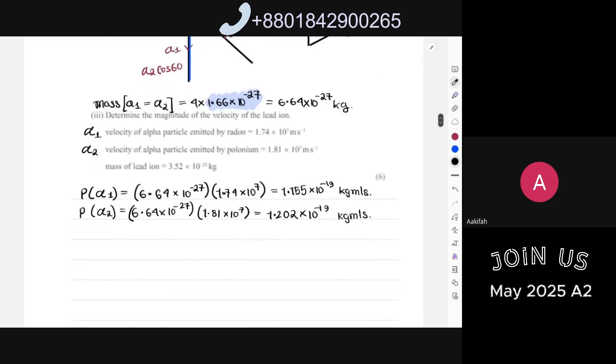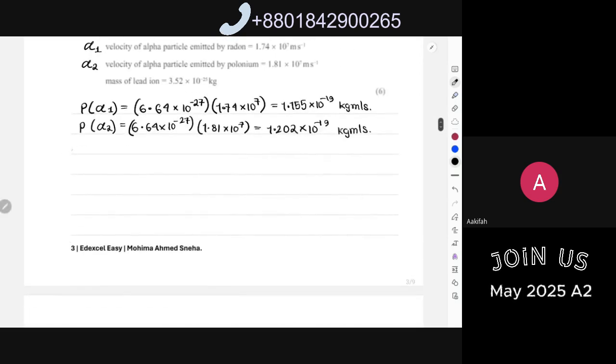Okay, so the entire vertical component is just going to be momentum for alpha 1 plus momentum for alpha 2 multiplied with cos 60 degree, right?